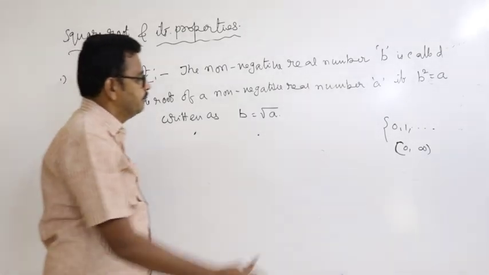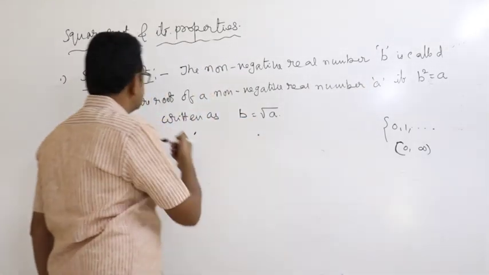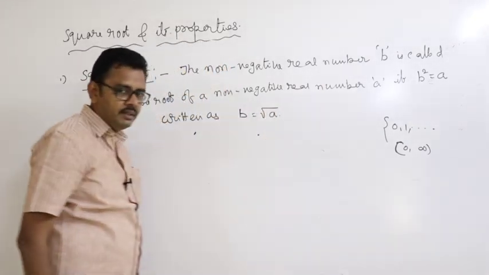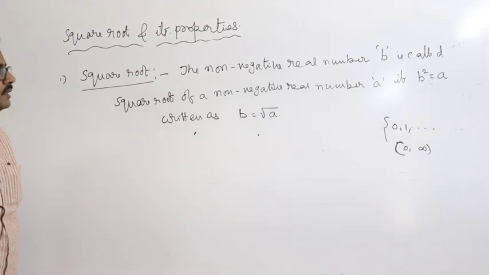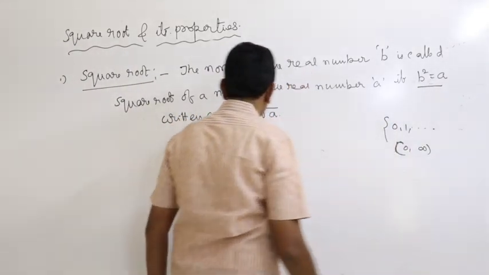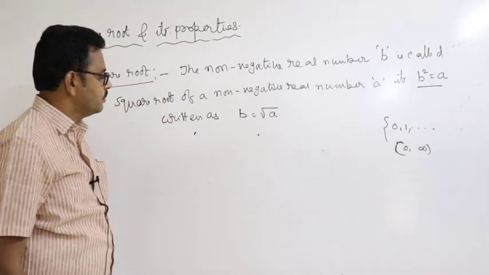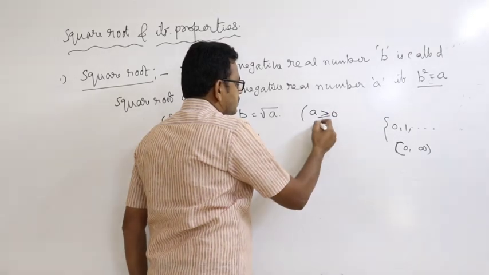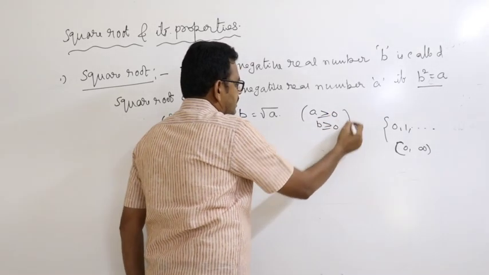A non-negative real number b is called the square root of a non-negative real number a if b square is equal to a. Here b is equal to root a, where a is greater than or equal to 0 and b is also greater than or equal to 0.